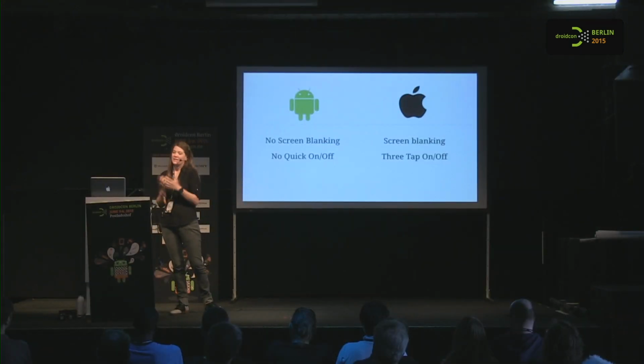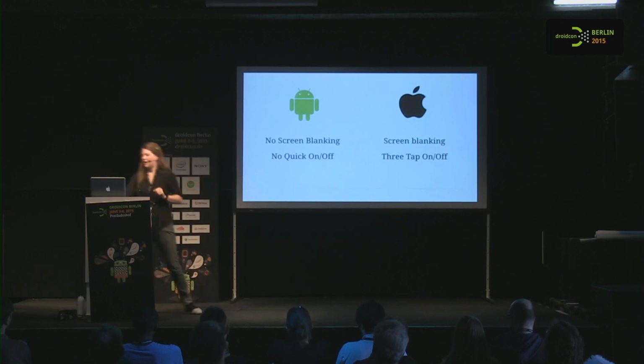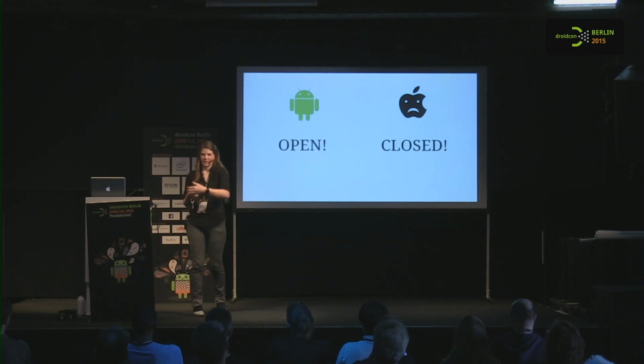They said that they're hoping to support screen blanking soon in the future, so who knows what that means. And they said that they already do support the quick on and off capability, but I would claim it's still in beta. So the big advantage that we have as Android developers is that the Android operating system is open. iOS gives you a lot of features up front, but then that's all you get.